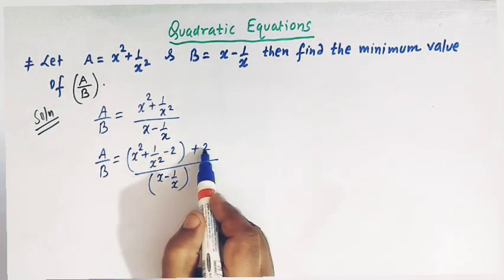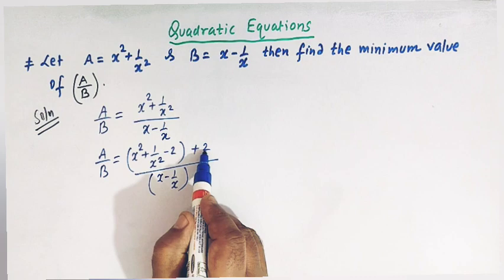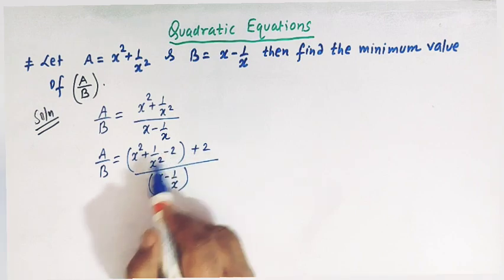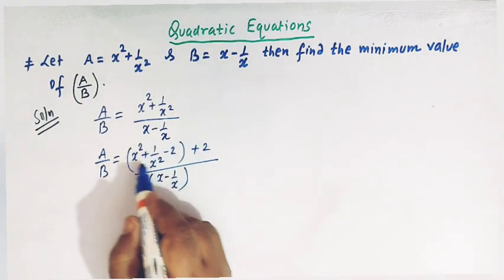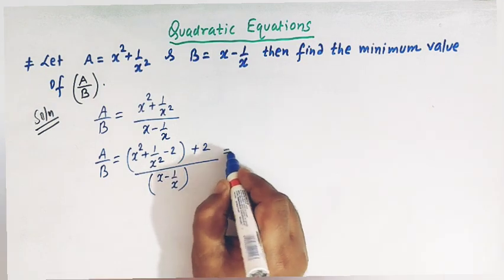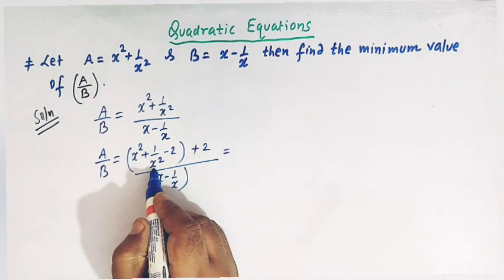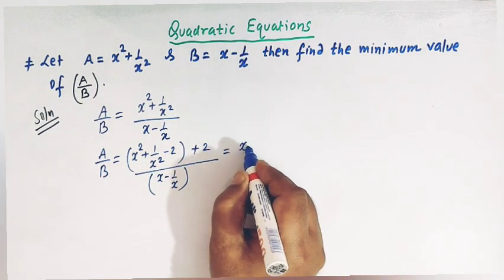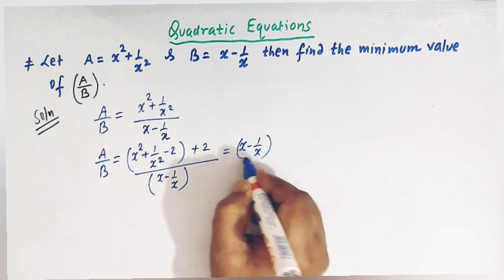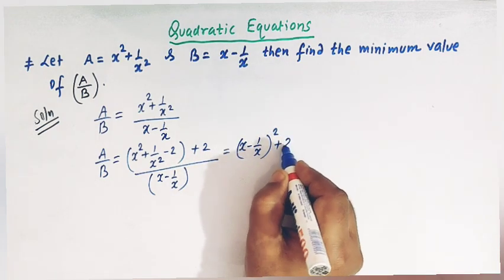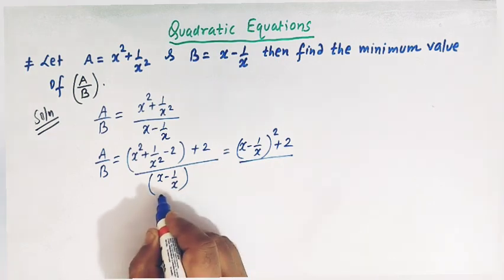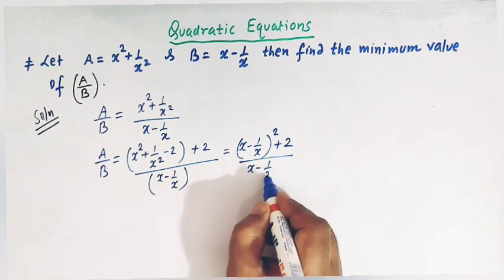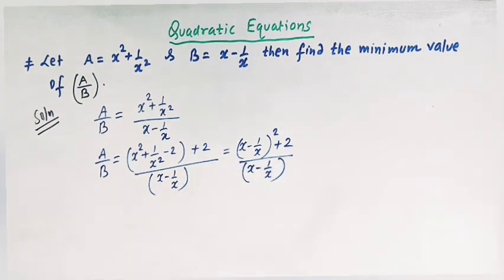Here we have added 2 and subtracted 2. Now this expression, x square plus 1 over x square minus 2, is x minus 1 over x whole square, and here we have 2, and in the denominator we have x minus 1 over x, right?